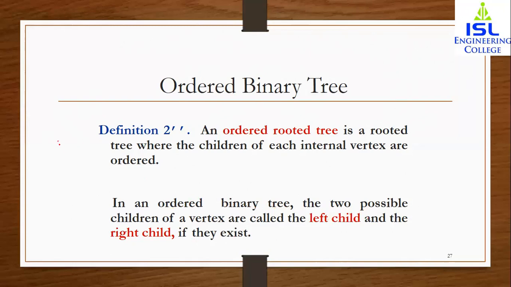So if I take an ordered rooted tree, then the left child will be my first child, and the right child will be my second child. So we will go in the order of left to right.